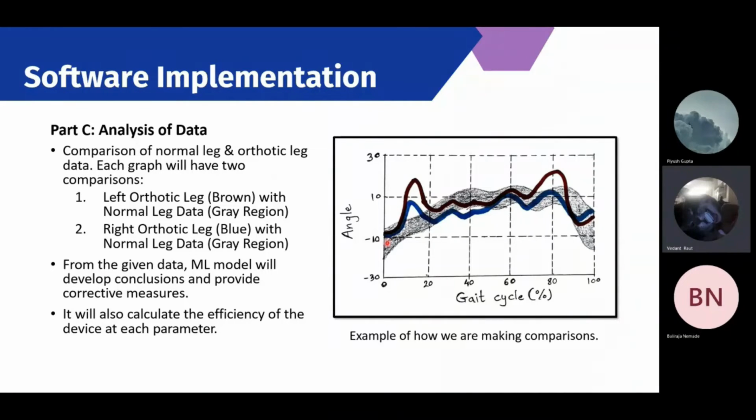If our data lies within that gray portion, then we can say it is normal. If it is anything beyond that, then we can say it is abnormal behavior of that gait phase. So we can pinpoint from our x-axis where exactly the problem lies. From the given data, the ML model will develop a conclusion and provide corrective measures. It will also calculate the efficiency of the device at each parameter.